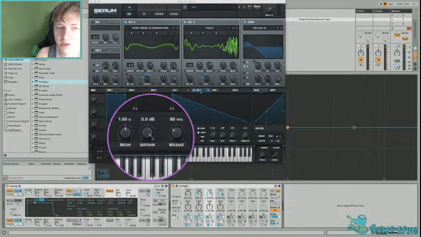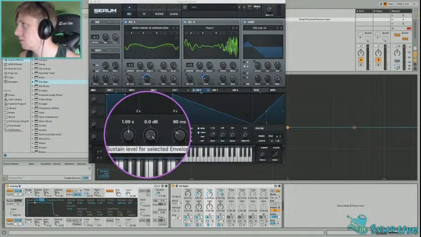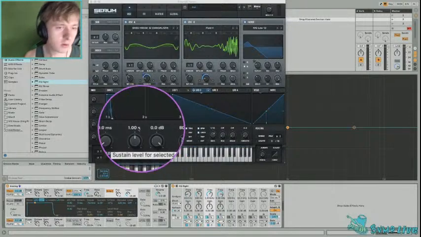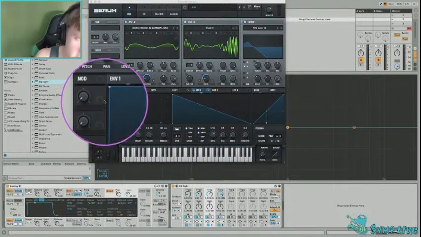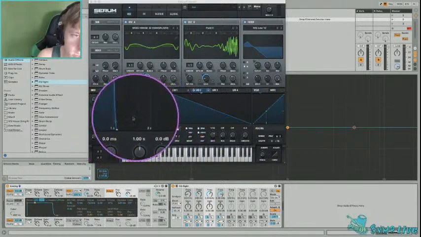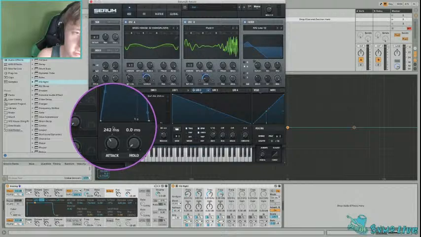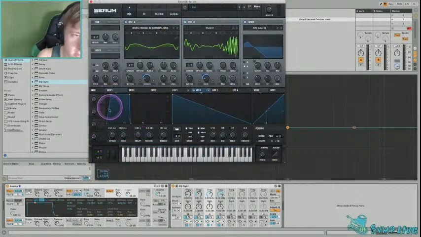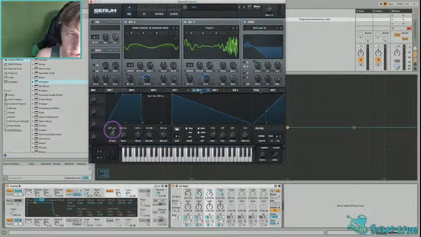And in fact, one of these controls is a level, but not a point in time. Okay, so attack is basically time, right? So you see seconds here: 1, 2, 3 seconds. Attack is how long it takes to get to this first point. So it's from 0 up to this first point, and it takes 242 milliseconds. So that's our attack, right there. I'll make it a little bit longer.